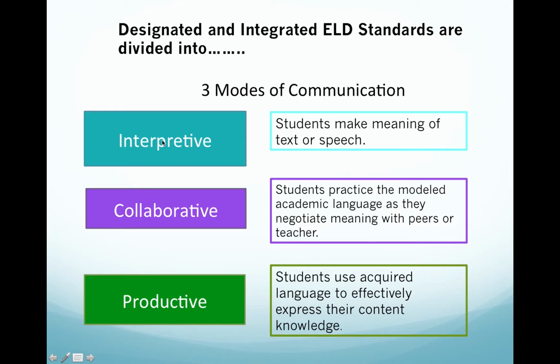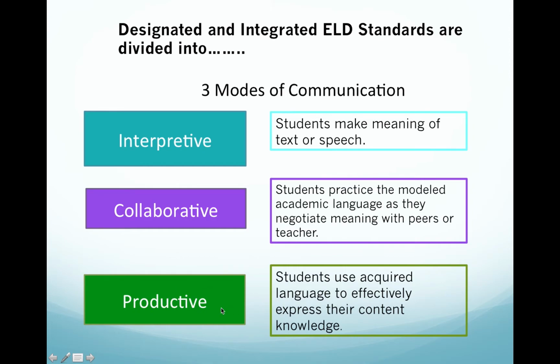Here students are interpreting the text or your speech or recording as you're using the content. And then the collaborative mode of communication, where students are practicing the modeled academic language as they negotiate meaning with peers or the teacher or in small groups.